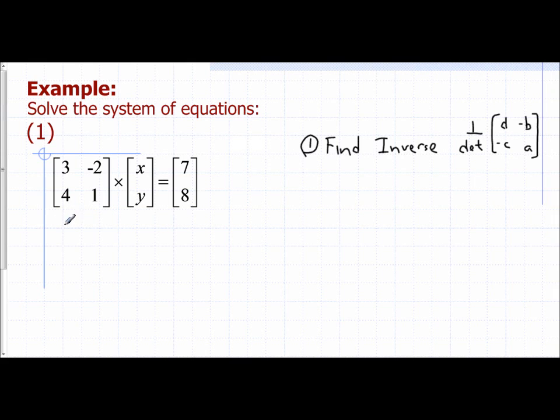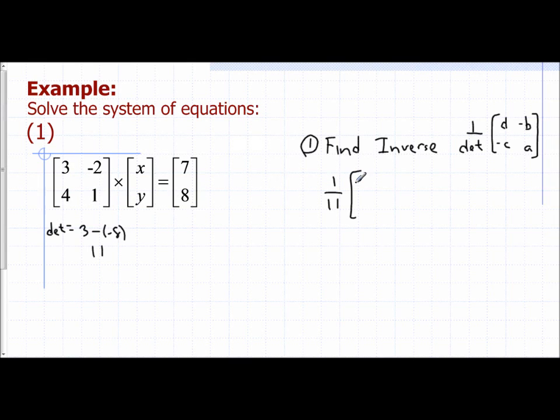And so if I'm doing this, I'm going to find my determinant first. So DET for determinant, 3 times 1 is 3, minus 4 times -2 is -8. So 3 minus -8 is 11. So my inverse is 1 over 11, where my D and A switch places.